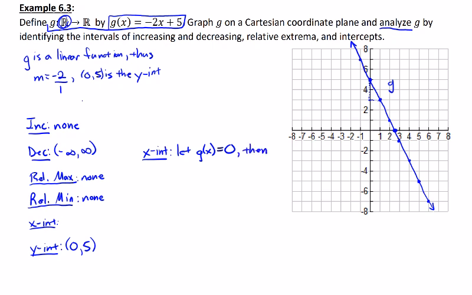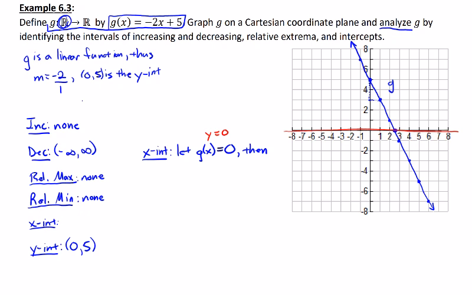And the reason why we do that is because that would be analogous to saying let the y value be equal to 0. So the y value is 0 all along the x-axis. So any point that's sitting on top of the x-axis has to have a y value of 0. So by forcing the equation to have a y value of 0, it will allow us to calculate the exact location of this x-intercept.